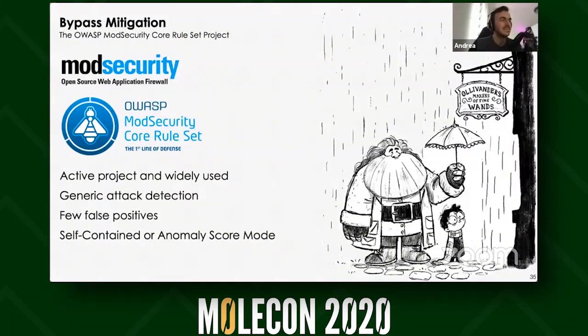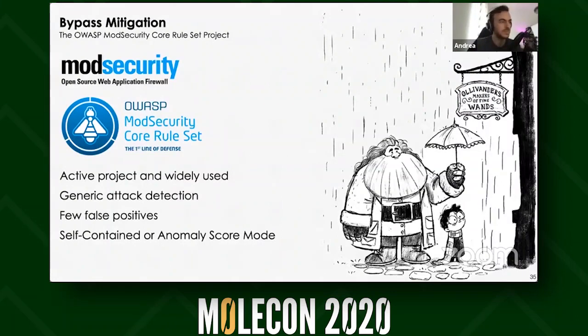Or it can work in anomaly score mode, which means that a request goes through all rules and each rule assigns a score to it. If the score reaches a configured threshold, you can block the request or you can create an alert or something like that.